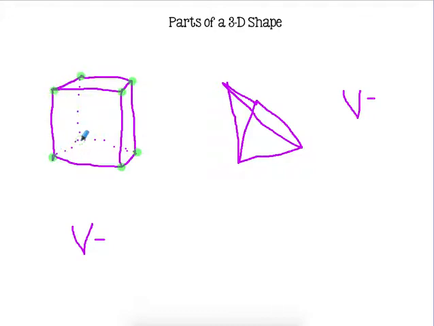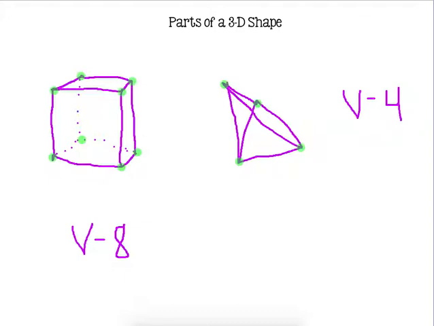And when we do that for our cube, we figure out our points are 1, 2, 3, 4, 5, 6, 7, 8. So our vertices are 8 on a cube. For our pyramid, 1, 2, 3, 4. Our pyramid only has 4 vertices. So the vertices are where the points occur.